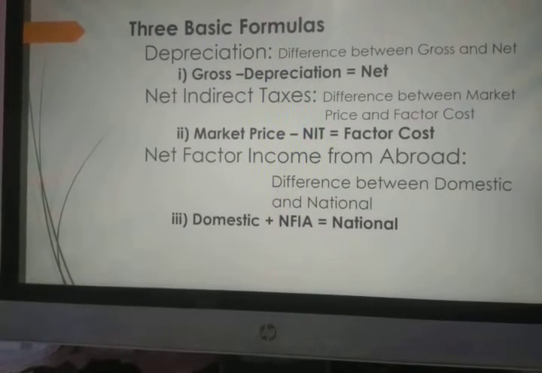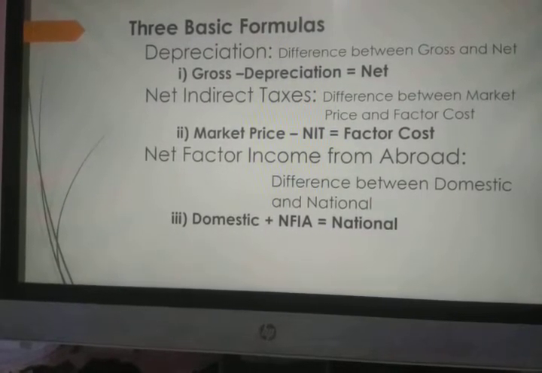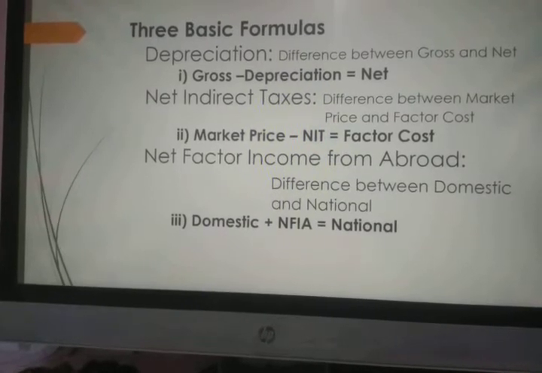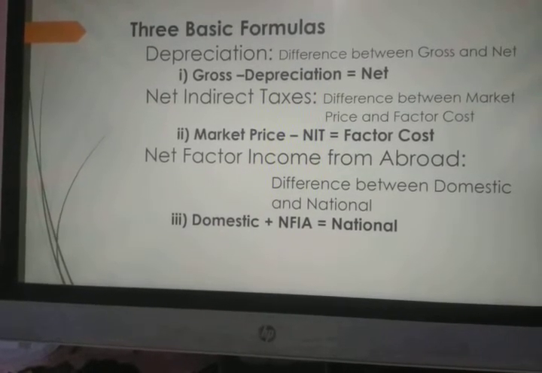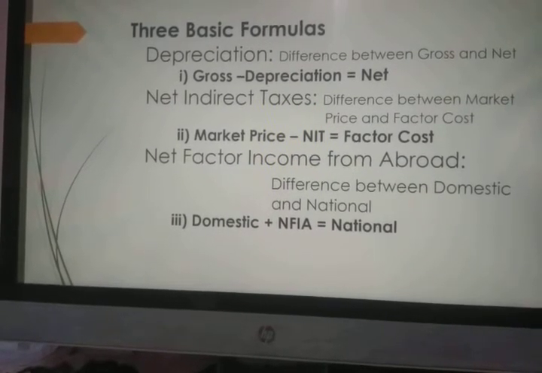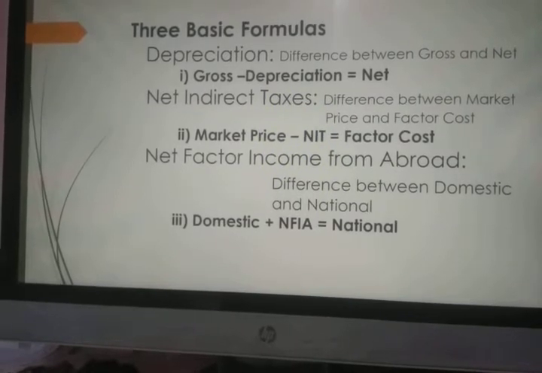Government provides this kind of receipts, this kind of benefits to the producer to encourage and motivate them. So that is why it is a sort of income to the producer, whereas taxes are a sort of expenditure to the producer.